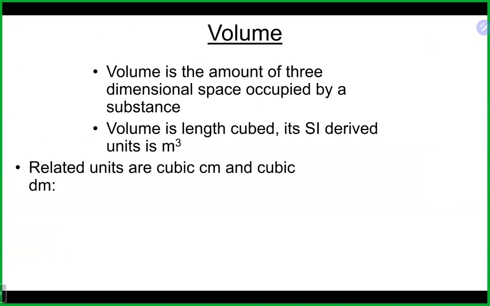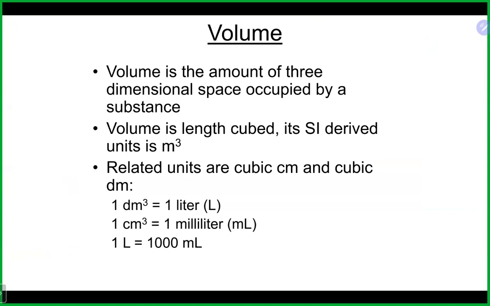Let's talk about volume. Volume is the three-dimensional sort of space occupied by a substance. Volume's SI unit is meters cubed. Now you may be saying, well, a meter cubed, meter sounds like a length measurement. And when you cube a length measurement, it becomes a volume. So for example, if you were to measure like a square solid, and you took the length times the width times the height, and you did each of those measurements in centimeters, you would have centimeters times centimeters times centimeters.